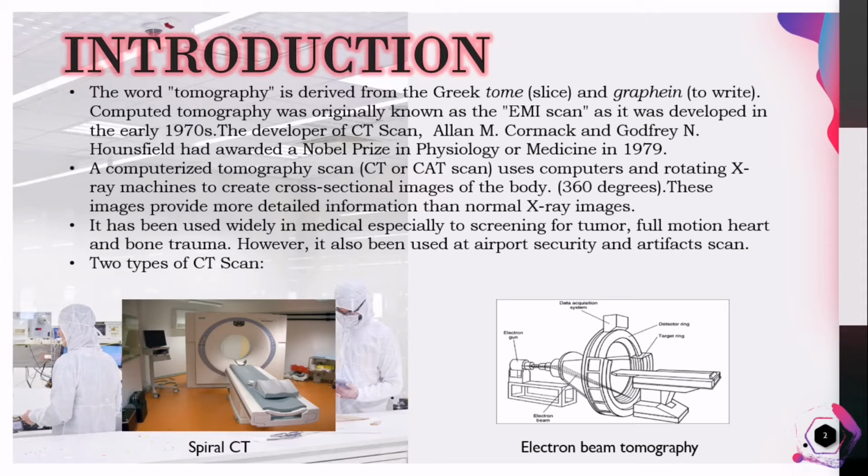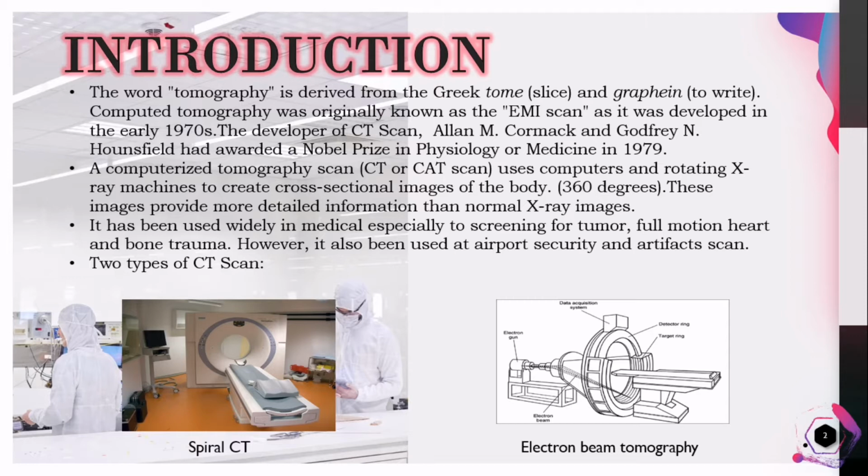A computed tomography scan, CT or CAT scan, uses computers and a rotating X-ray machine to create cross-sectional images of the body. This image provides more detailed information than a normal X-ray image.